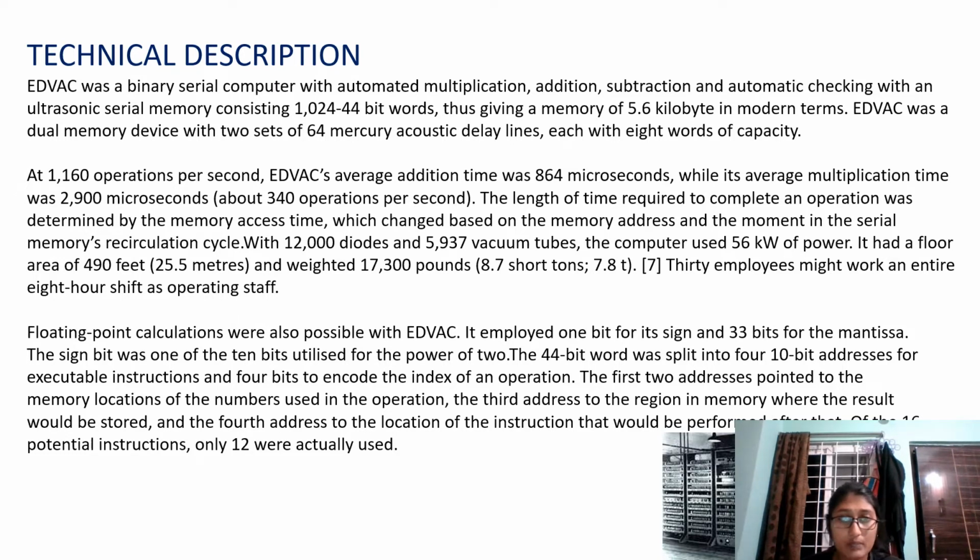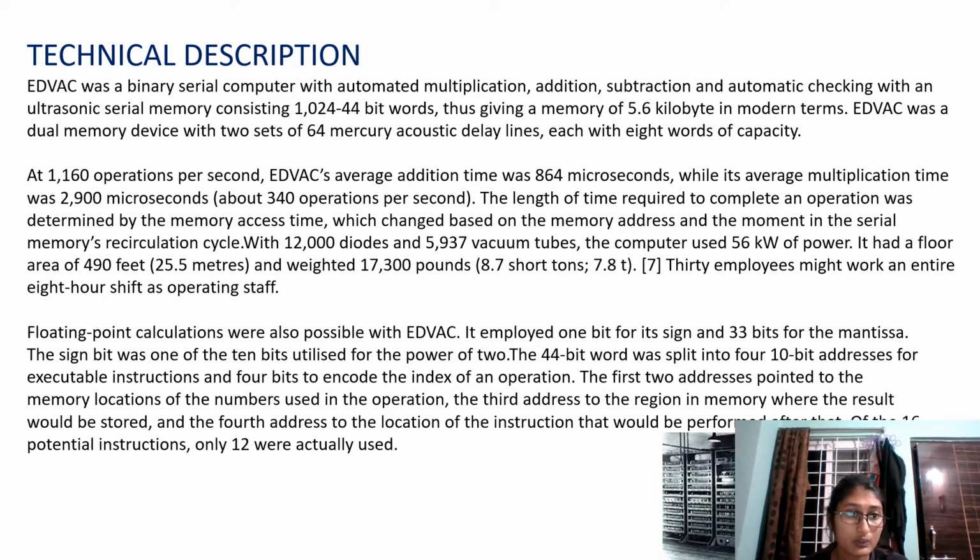The time required to complete an operation was determined by the memory access time, which changed based on the memory address and the movement in the serial memory. It occupied an area of 490 square feet, weighed 17,300 pounds, and about 30 employees might work an 8-hour shift as operating staff.